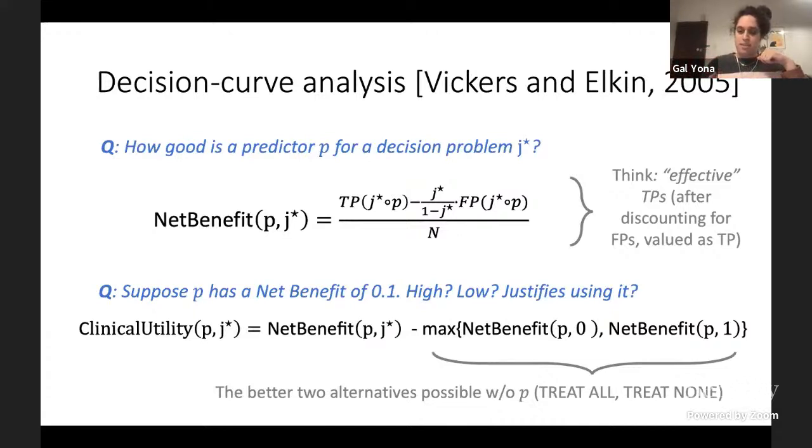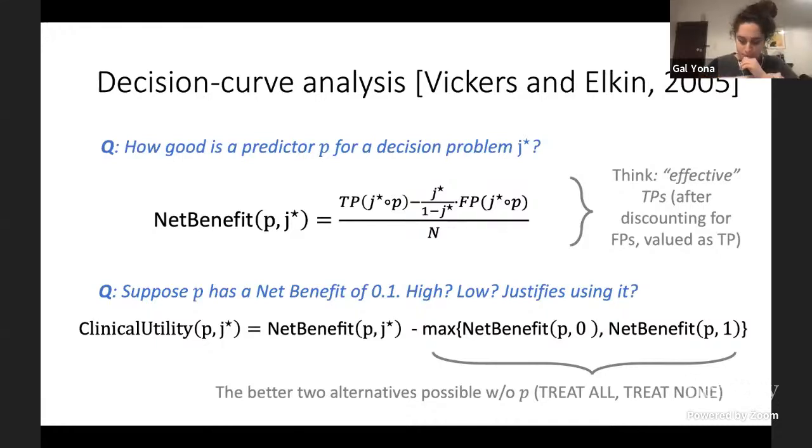These are basically treating everyone or treating no one policies. These are things I could have implemented if I didn't have the predictor at all. So doing worse than these strategies is a huge red flag, a simple sanity check.